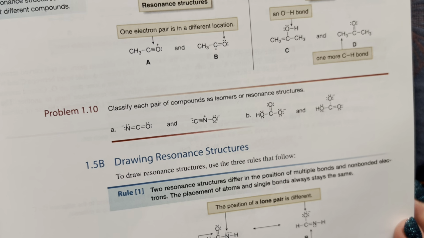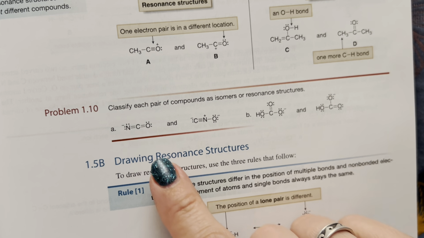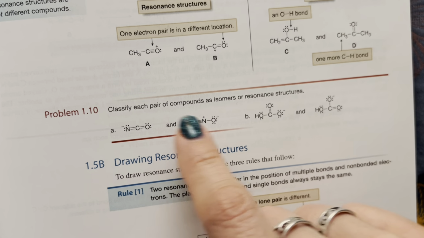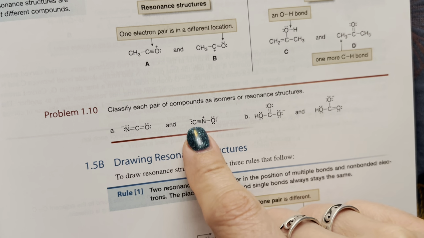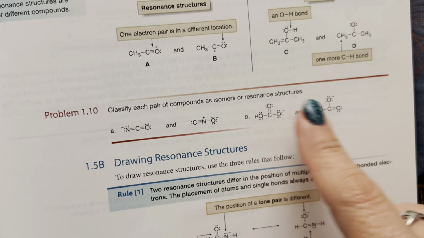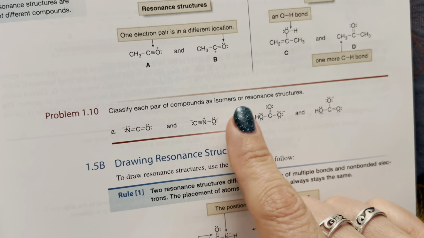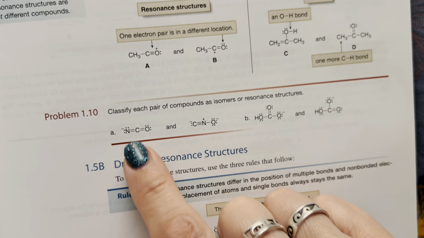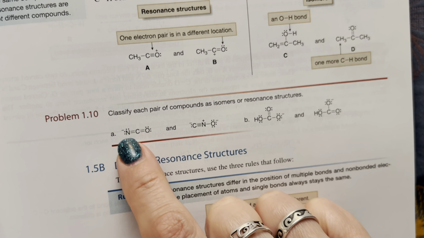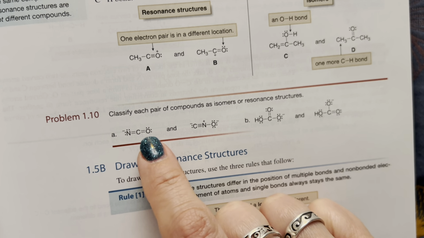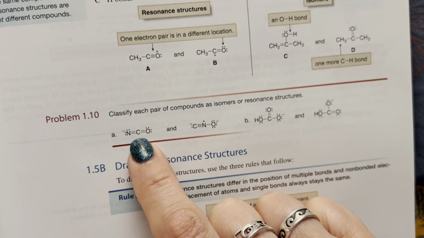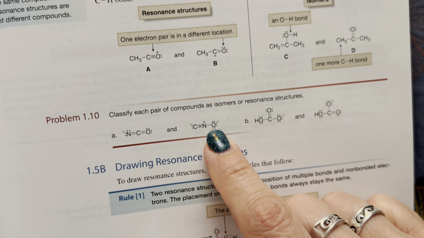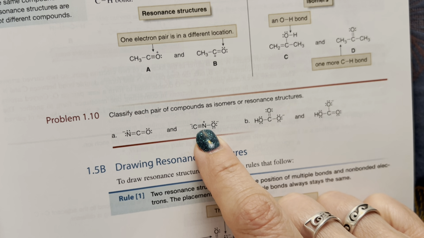All right, so for example, we could look at these and try classifying each pair, these two and these two, as isomers versus resonance structures. If we look at this example, we have NCO, where carbon is in the center, and here we have CNO, with nitrogen in the center.